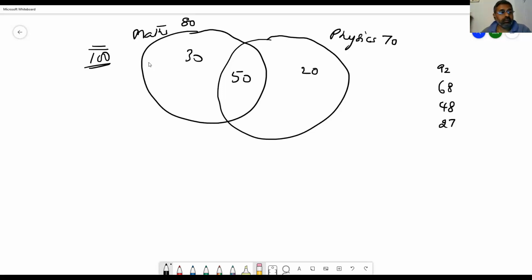Which of them could be a number? Which means this 50 as an answer was not given, right? So 50 is the answer only when all 100 people are there, but there could be a lot of people outside who did not take part in any of them. So we need to find the maximum number of people who could have been here and the minimum number of people who could have been here, isn't it? What could have been the maximum number of people here and what is the minimum number of people there?